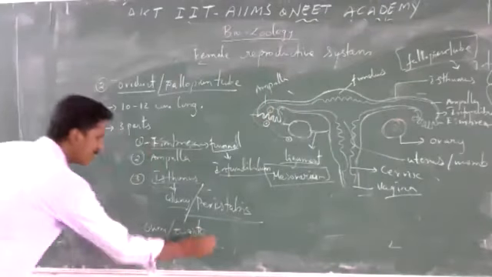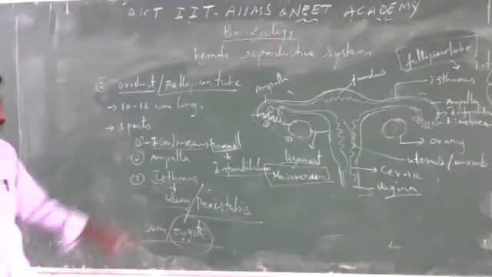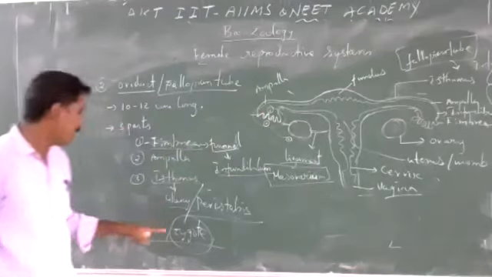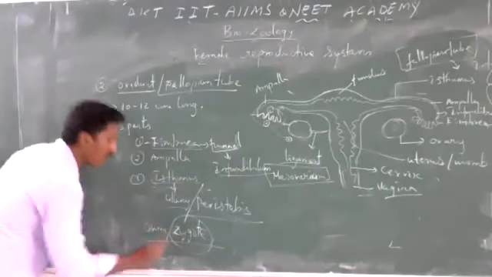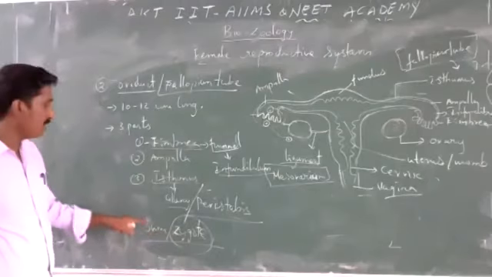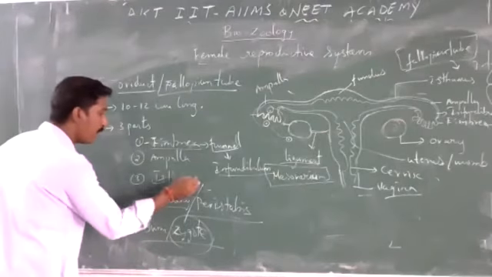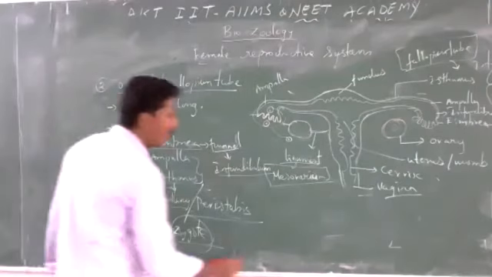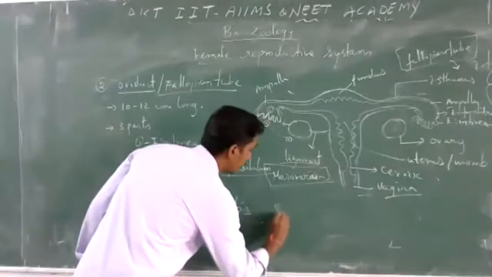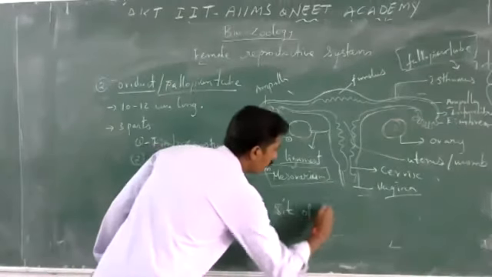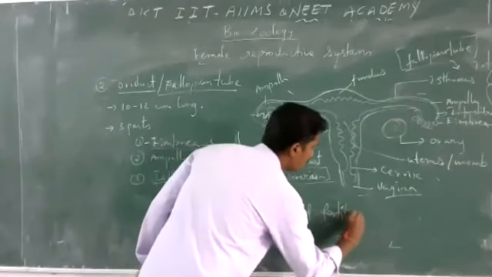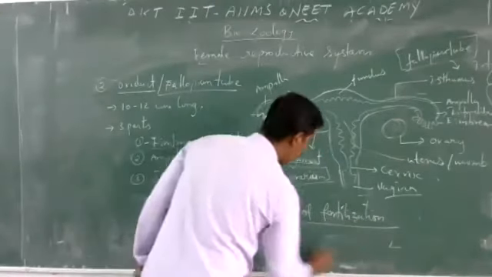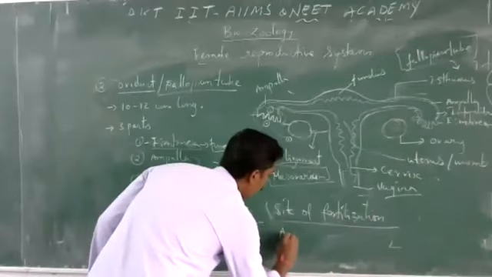Why did we mention zygote here? If the ovum is released from the ovary and enters the fimbriae, why do I mention zygote or ovum? Because the ampulla-isthmic junction is the site of fertilization.